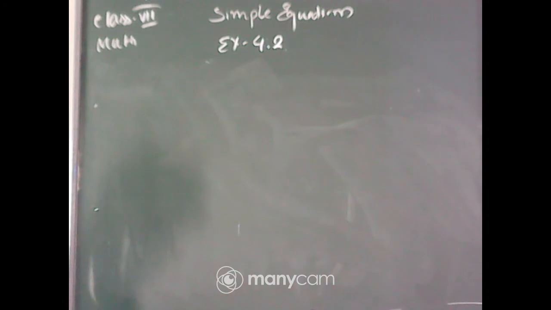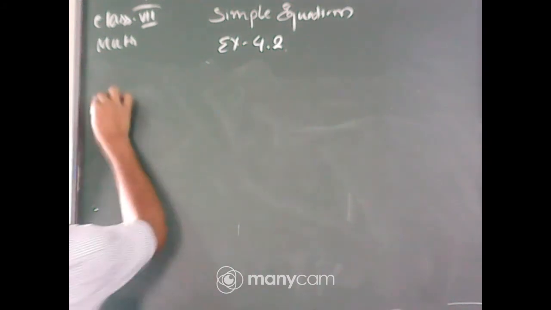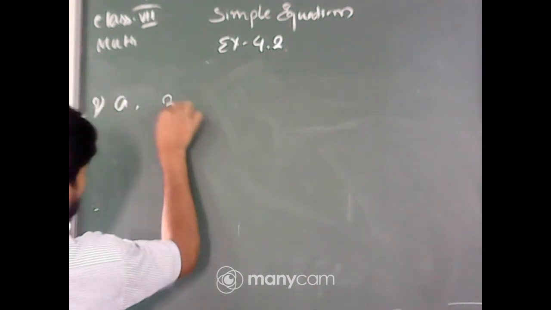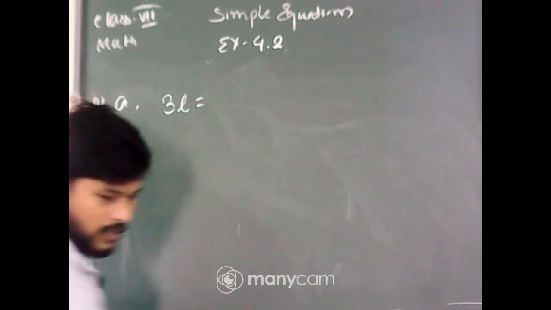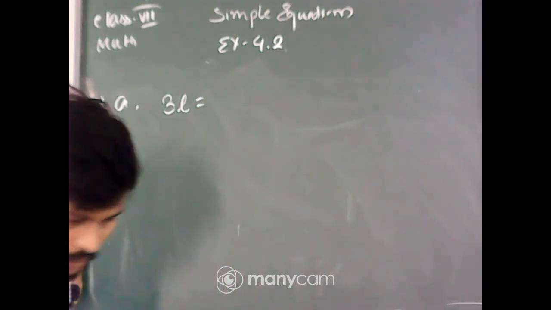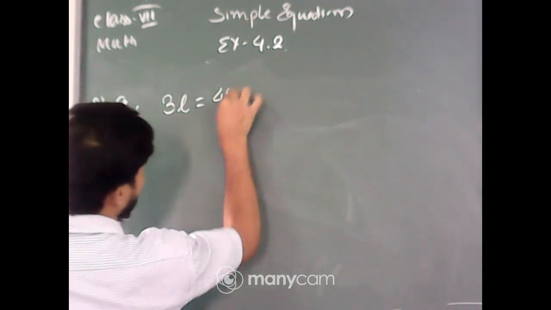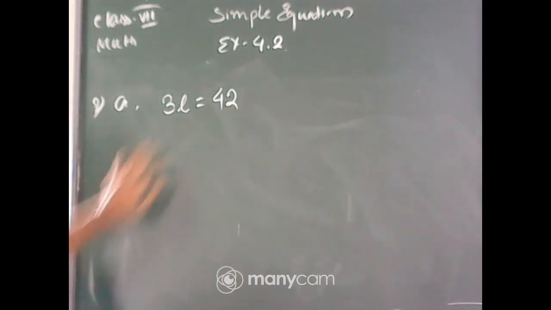Question number 2 is, give the first step you will use to separate the variable and then solve the equation. Okay. So the first question is, 3L is equal to 42. Now can you tell me what is the meaning of 3L?